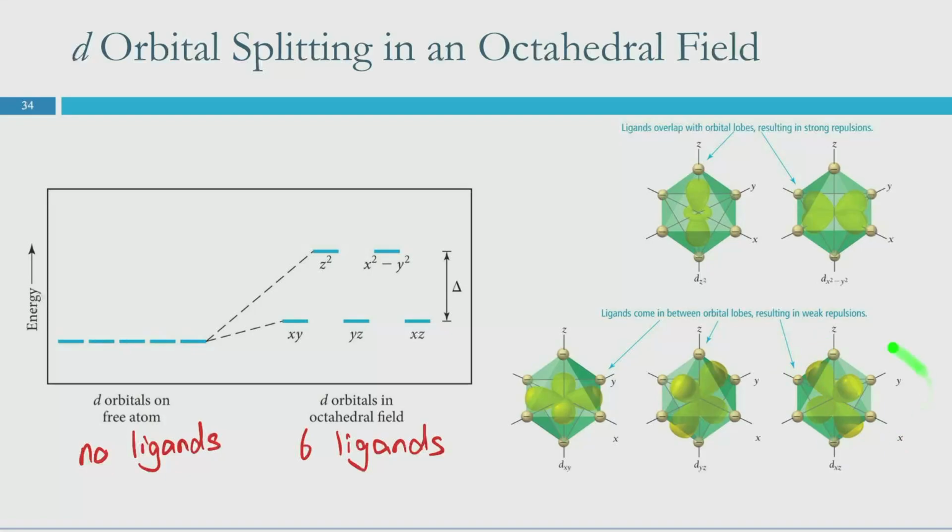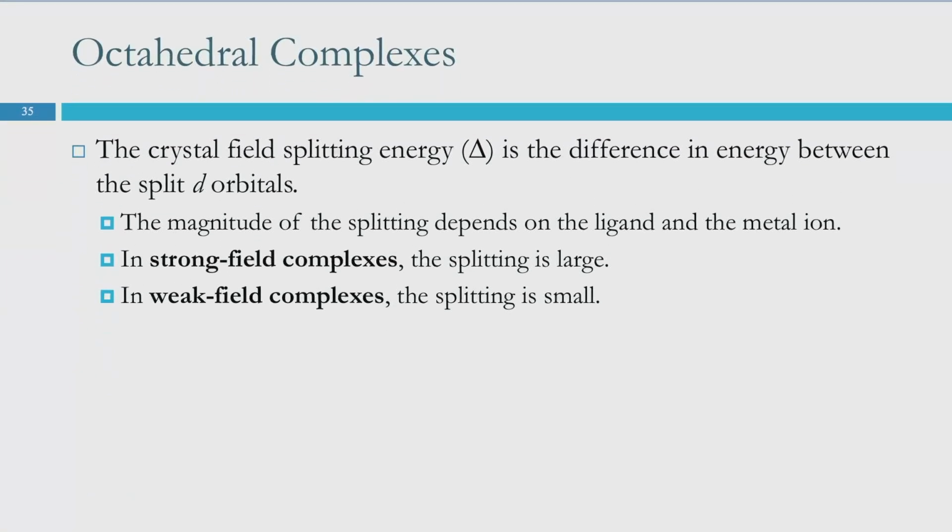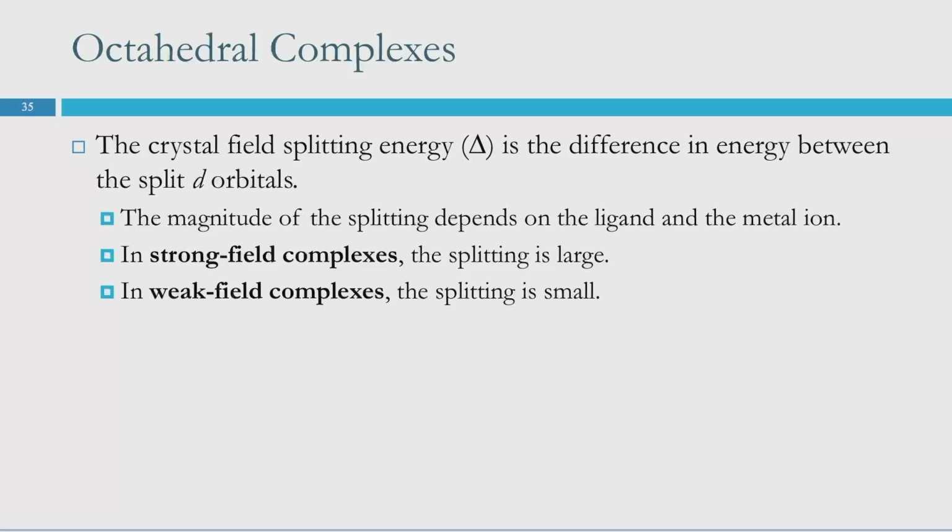So we don't have overlap for these 3, meaning that the repulsion is a lot weaker. And we can quantify, or at least generally talk about, the difference between the energy levels of the ones that aren't repulsed very strongly and the ones that are repulsed very strongly. And that difference is the crystal field splitting energy.